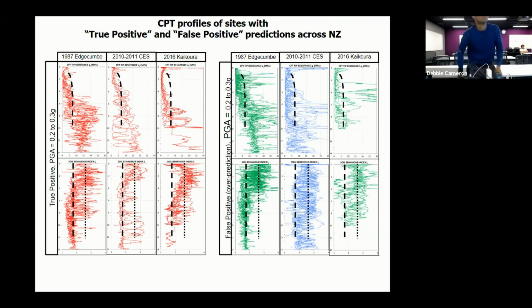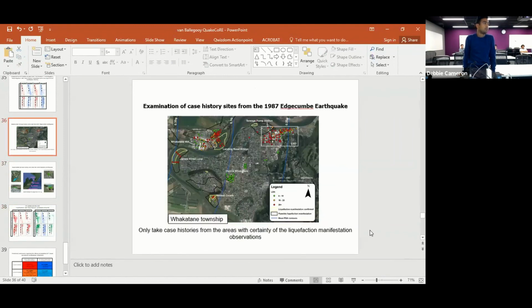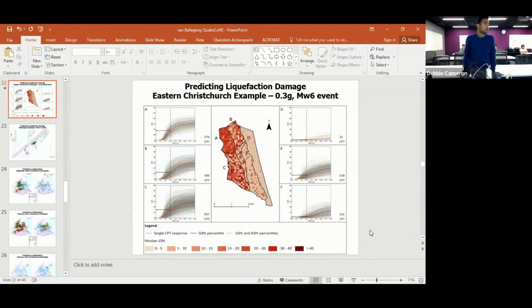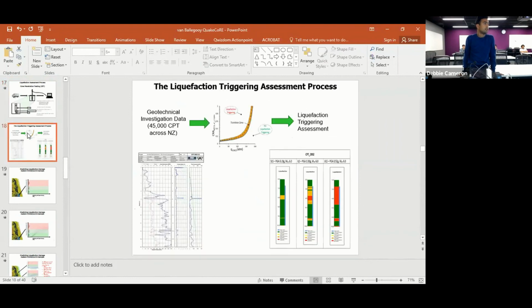Hi there, Ribu here from University of Canterbury. I guess this kind of builds on from Claudia's question. The simplified procedures have been based mainly on clean sands with few fines. Those are what the lines are based on, when you were showing those earlier. Now, I guess my question is, in Christchurch we saw that there were layered soils or mixed soils.